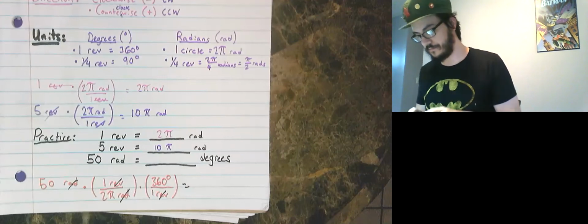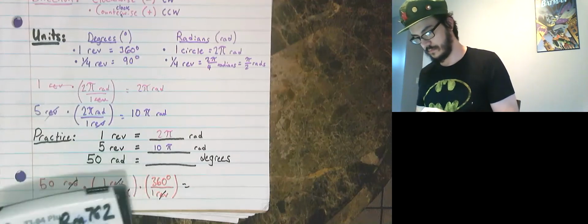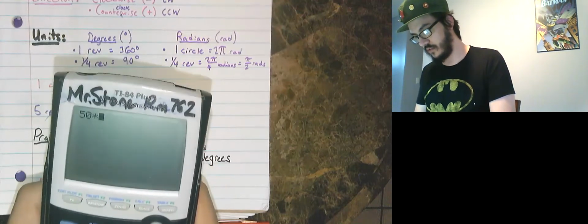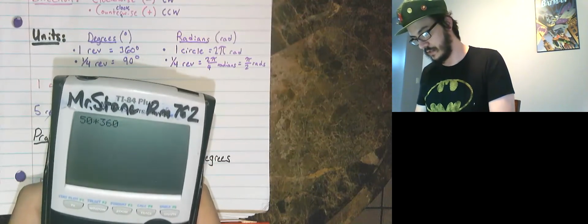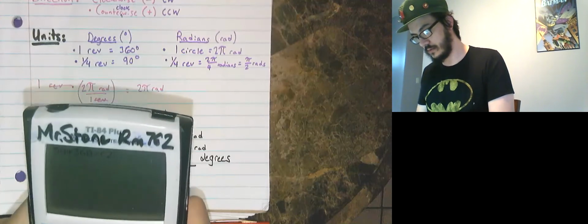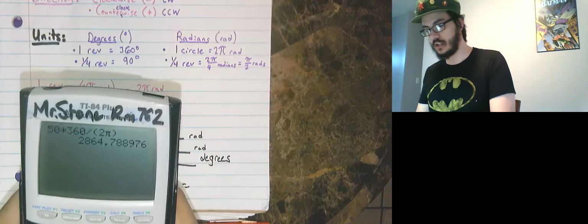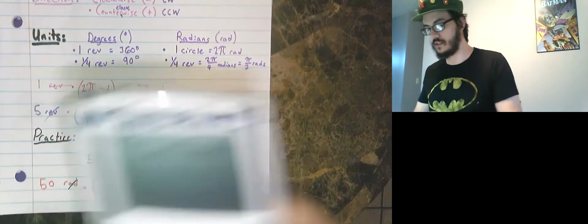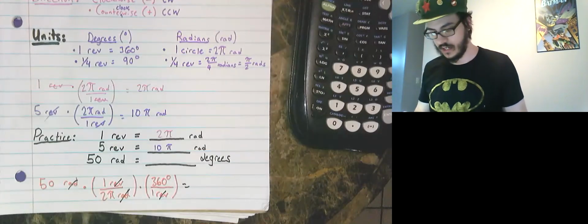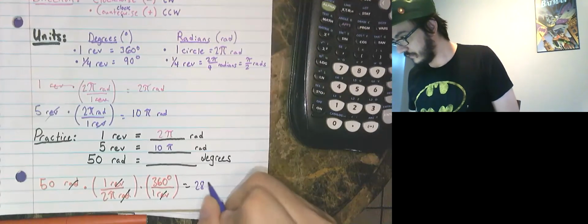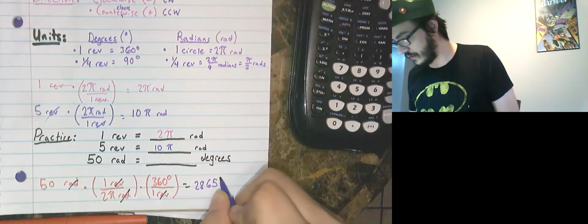That should be 50 times 360 divided by 2 pi. We get about 2,864 and some change degrees. I'm going to round that up.